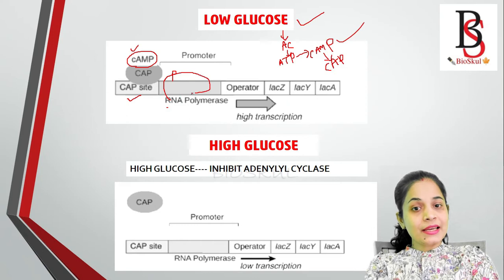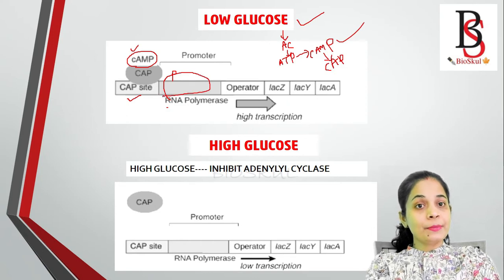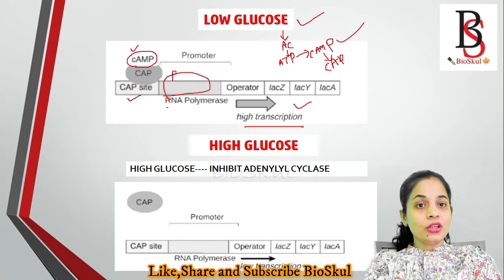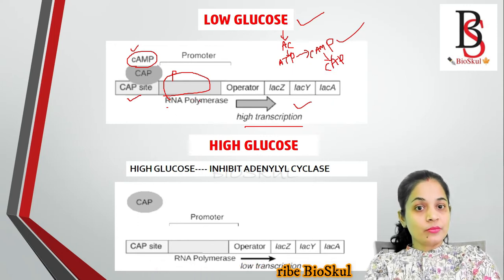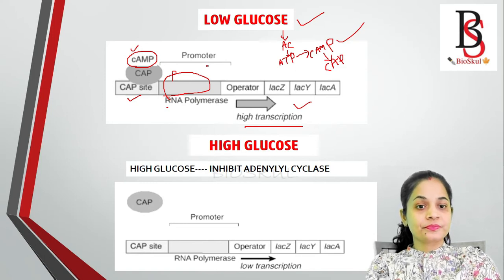That means the RNA polymerase now can bind efficiently to the promoter region and it enhances the rate of transcription. The transcription rate will be high. Otherwise, in absence of the CAP protein, RNA polymerase cannot bind efficiently to the promoter region because the promoter of Lac Operon is a weak promoter.